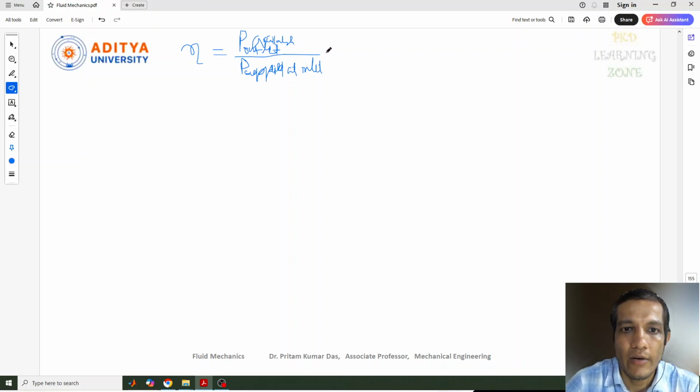We can write the weight of the water at the outlet condition into the head at the outlet condition, that means W into H. And the power supplied at the inlet condition is the weight of the water at the inlet condition and the head at the inlet, that means W again H. Here this H is the head at the inlet condition, and in the numerator, the H at the outlet condition.